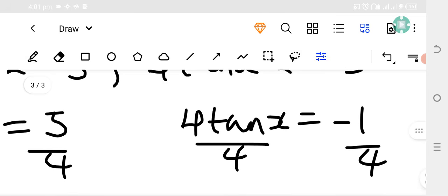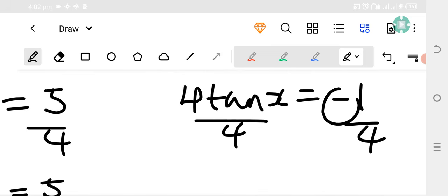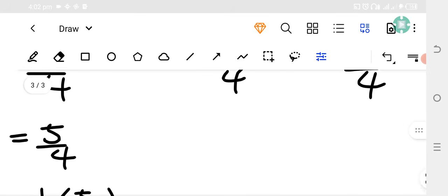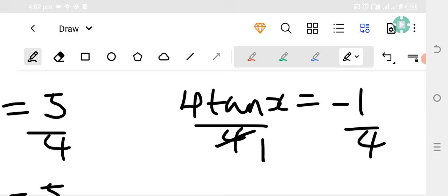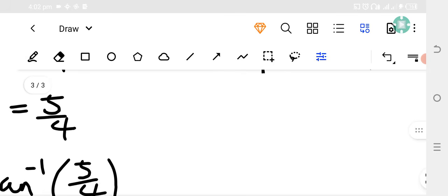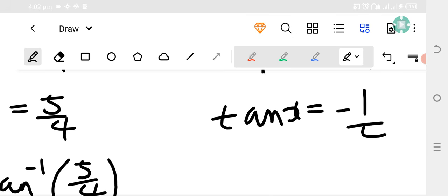So essentially look at it once more, and look at the sign there. It's very, very important. So I'm going to say 4 can go into itself a 1, into a 4 it's also a 1. So tan x is equal to negative 1 over a 4.